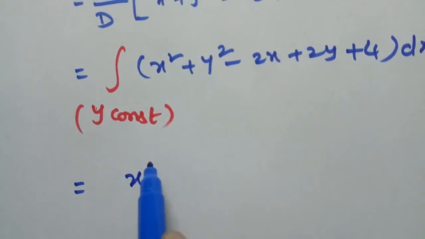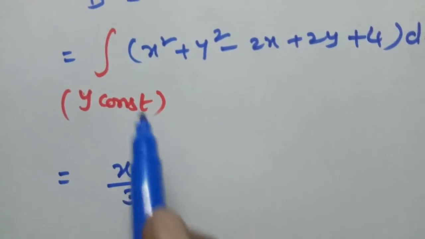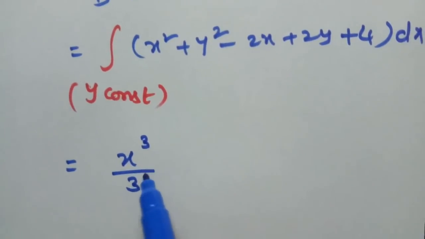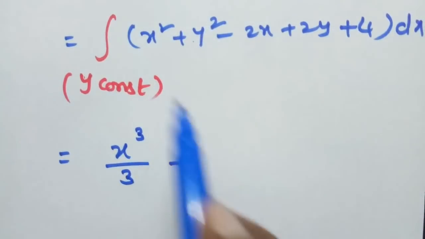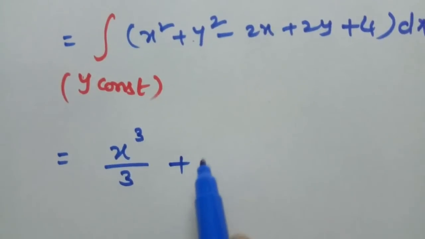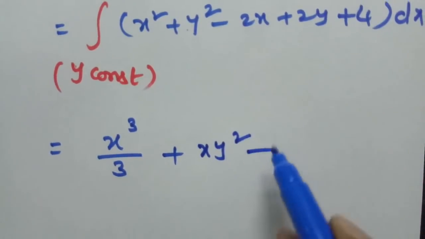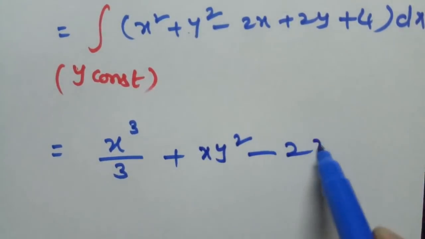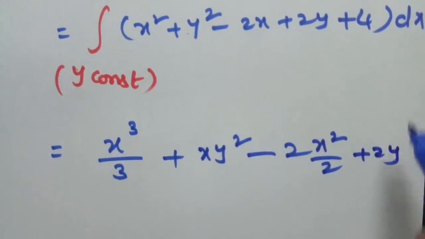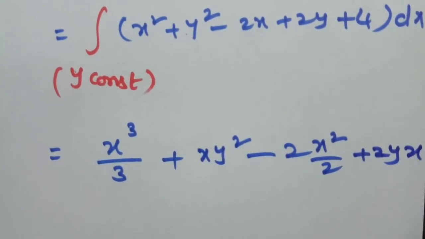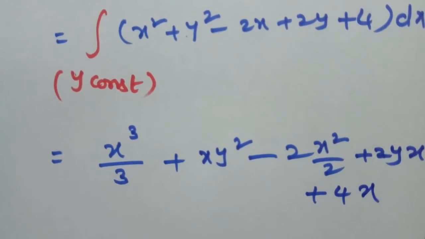So the integration of x squared is x cubed by 3, as the formula: integration of x to the power n is x to the power n plus 1 by n plus 1. Here y squared is a constant, therefore 1 is the remaining factor. Integration of 1 with respect to x is x. Minus 2 into integration of x is x squared by 2, plus 2y is a constant, integration of 1 is x, plus 4 is a constant, integration of 1 is x.